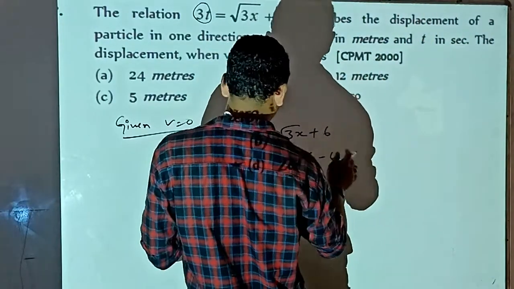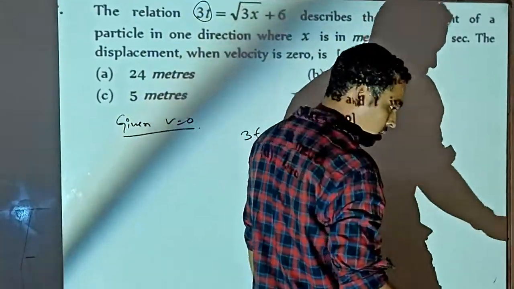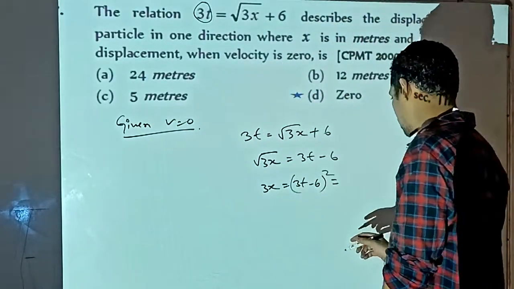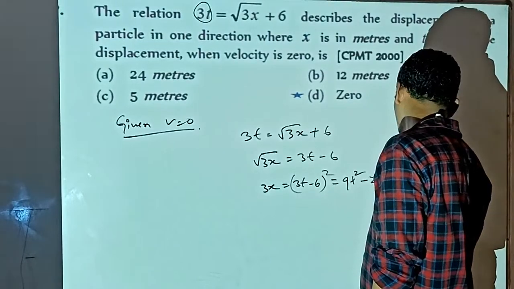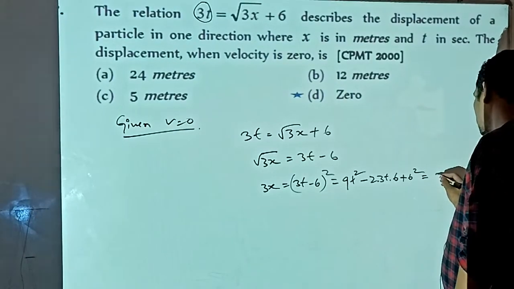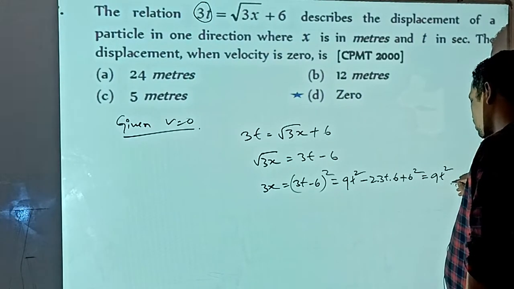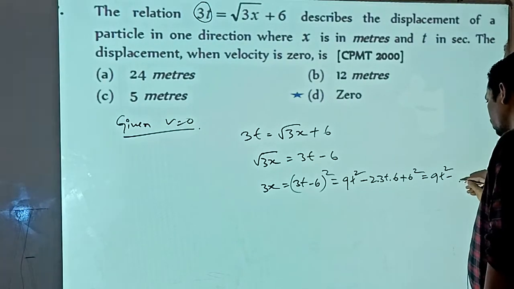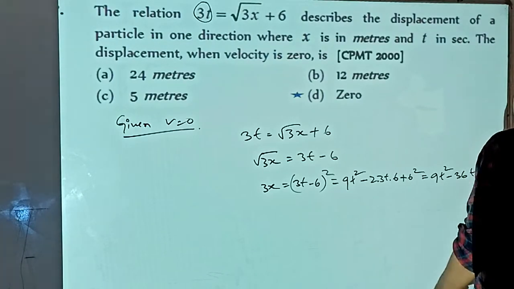If we square both sides, then we will have 3x = (3t - 6) whole square, and this will give you 9t² - 2 into 3t into 6 + 6², and that will be equal to 9t² - 36t + 36.